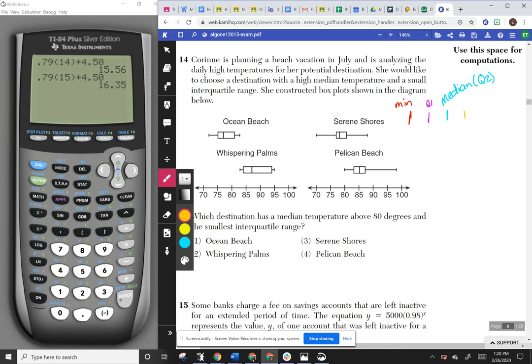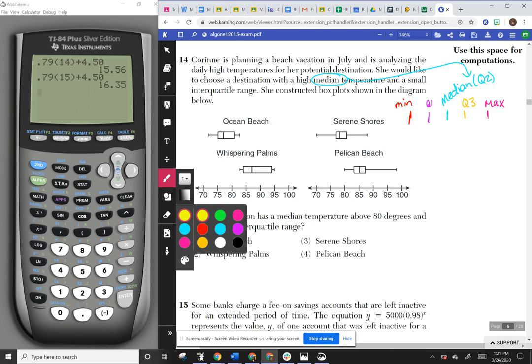The fourth line is the third quartile, sometimes known as the upper quartile. And the last line is our max, right? So the median is just that median line I talked about.